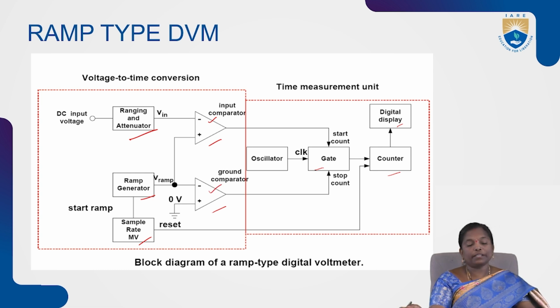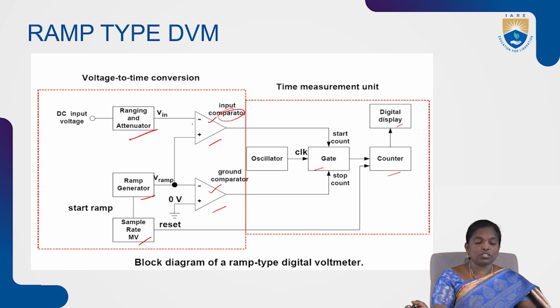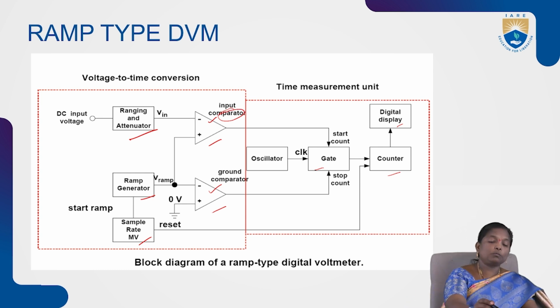What is meant by a comparator? A comparator is mainly used to compare two given input signals. The input comparator, as the name indicates, compares the input signal with our ramp signal.